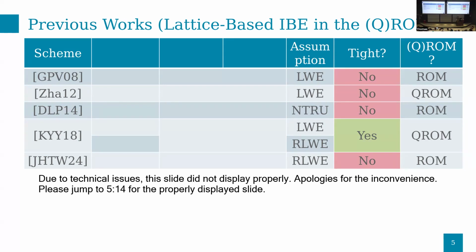This table shows a comparison of previous works on lattice-based IBE schemes in the random oracle model. We focus on two schemes, DLP14 and KYY18.